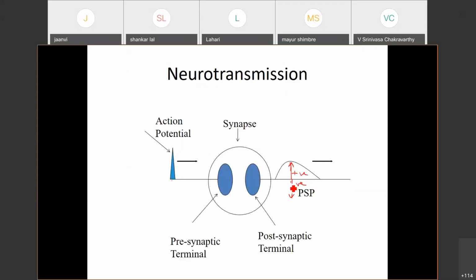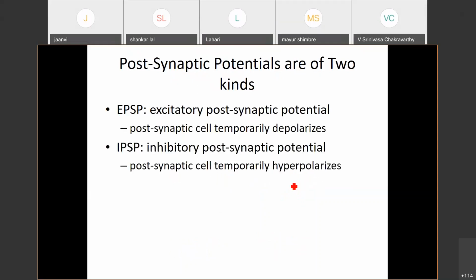Depending upon the nature of the PSP, whether it is positive or negative, the synapses have different names, and the signal itself has different names. If the PSP is positive, then you call it an excitatory postsynaptic potential. That means the postsynaptic cell temporarily depolarizes.